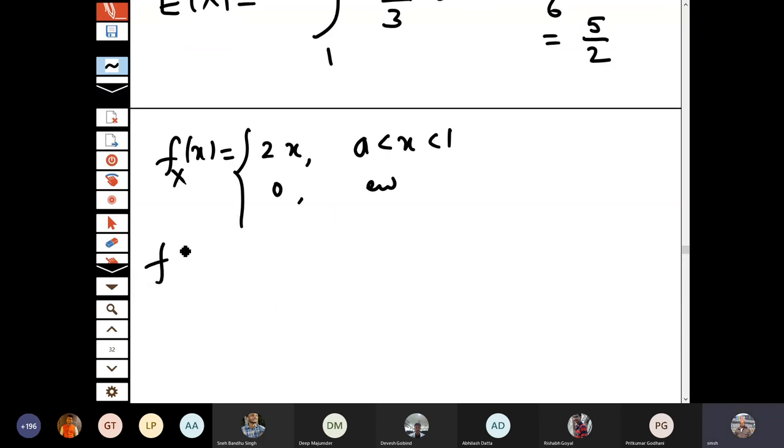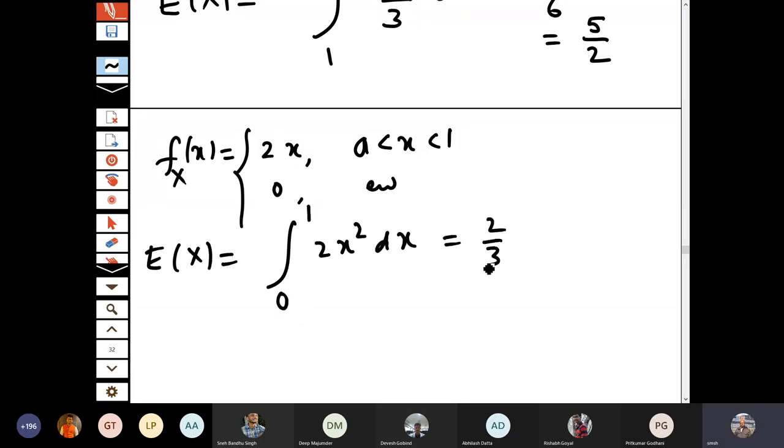For this, the expectation will become, from 0 to 1, that is 2 by 3. So here the balance point is not the midpoint because the density is different. That is why it is not the same.